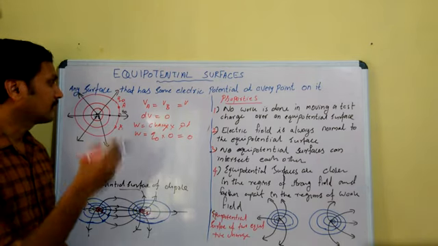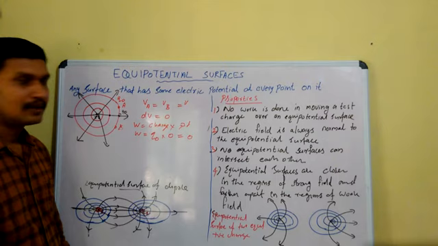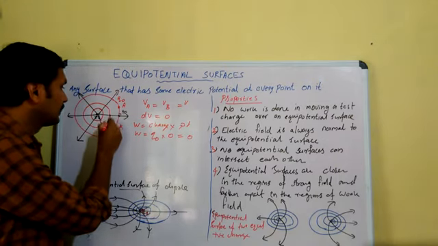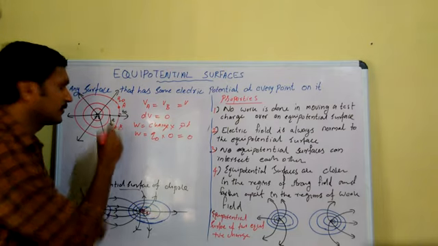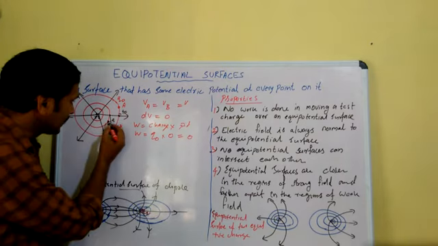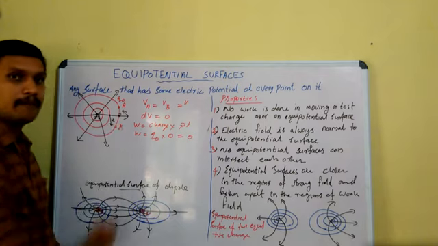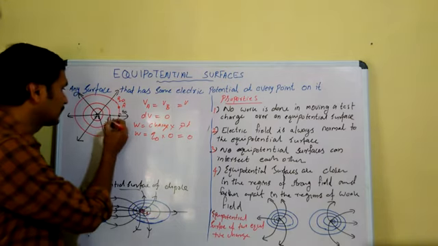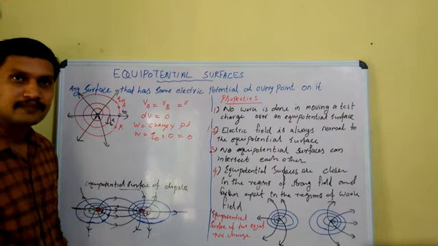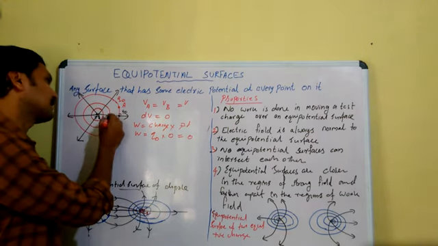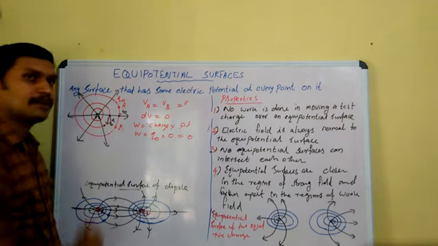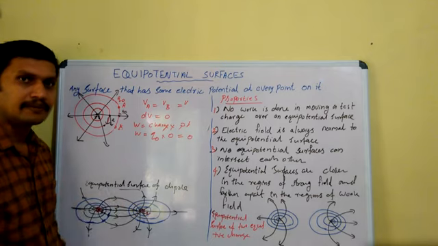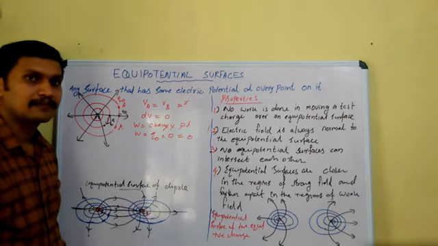See what happens if the electric field lines are not perpendicular. Suppose the electric field has a non-zero component like this. If this is the direction of the electric field lines here, then the electric field has a non-zero component along this surface. If you are moving a charge from one point to another through this surface, work has to be done against this electric field.